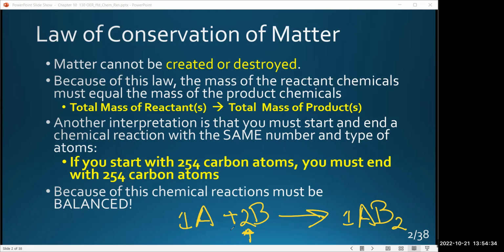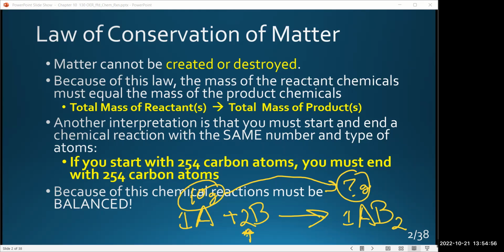These coefficients we're going to use down the road when we start doing chemical reaction calculations. So we could, for example, say, if I start off with 10 grams of A, can we calculate how many grams of AB subscript 2 we will make? And yes, we can, okay?